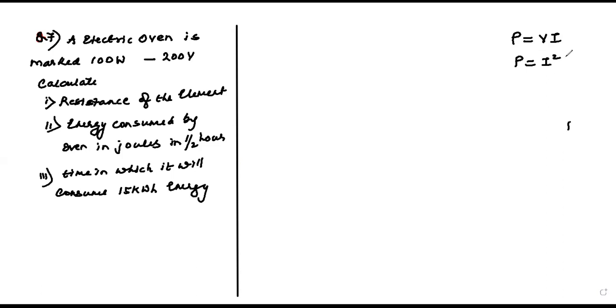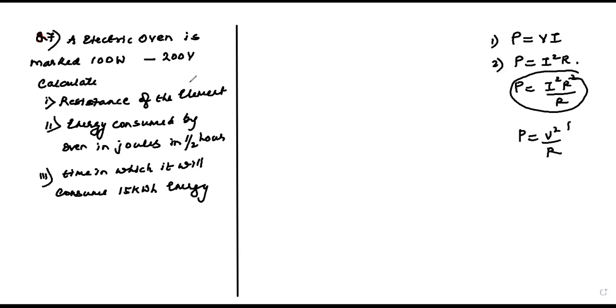So I can also write it as I square R. If I multiply and divide by R, P can be written as V square upon R. Please keep in your mind, children, P is equal to V square upon R, because V is equal to IR, so I square R square will become V square. So remember these formulas. P is equal to VI.